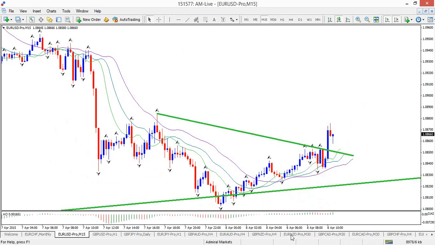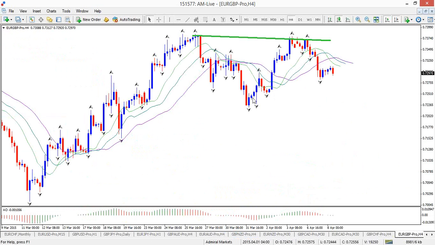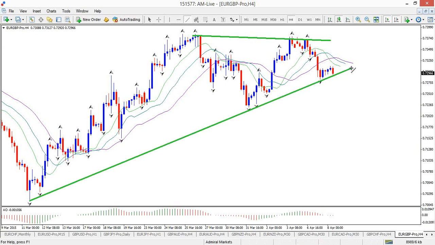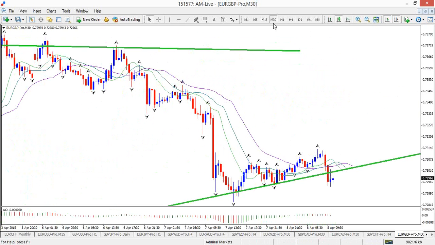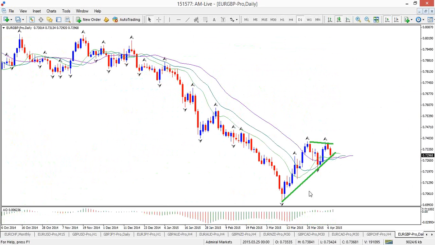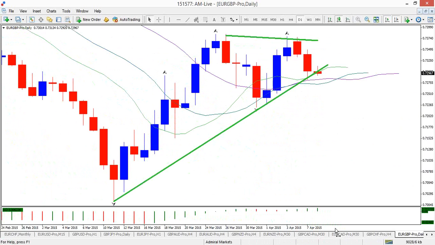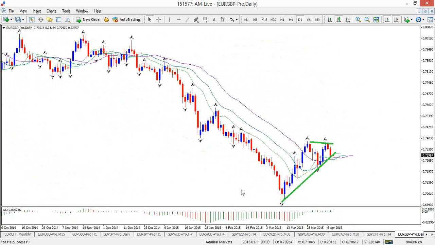So, dollar Swissy and euro pound. Let's take a look. Flat moving averages in the meantime, but if we do break this trend line, we can see that the trend prior to that was certainly down.